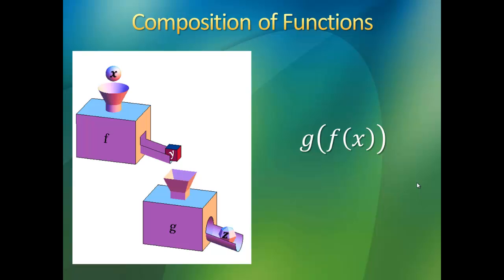So, if I want to write down the composition of f and g in this manner, I would write g first, then a little circle, and then f, which I would read as g of f, which is a function from x to z. Note that you plug a number into f first, even though it comes second when we write it. But just think about how we'd write it if we were using nothing but parentheses, and it makes perfect sense why we write a composition of functions in this order.